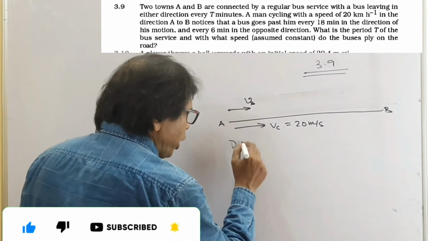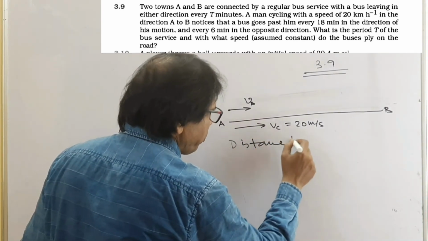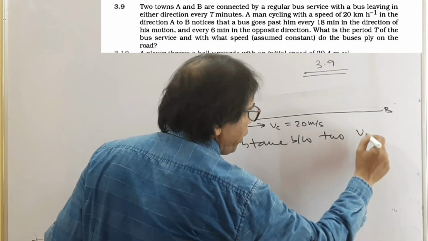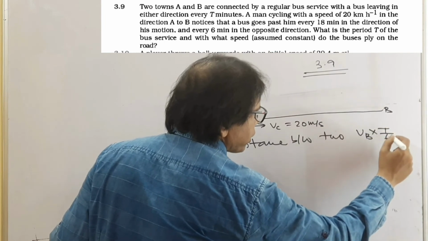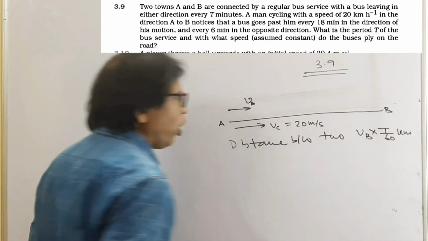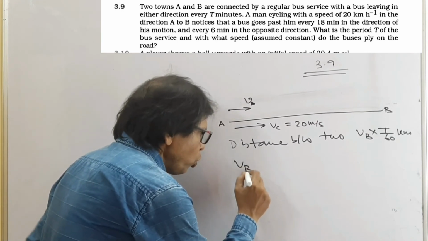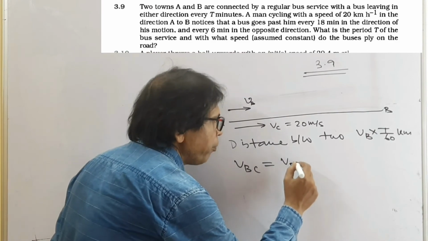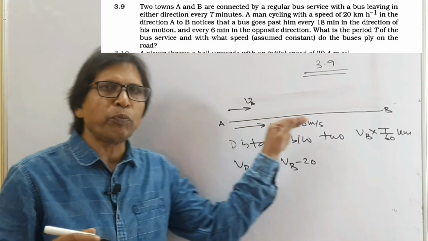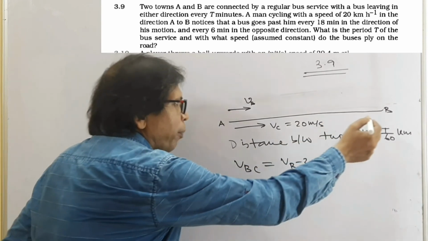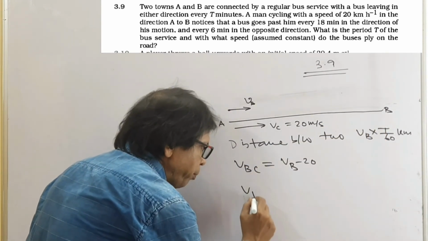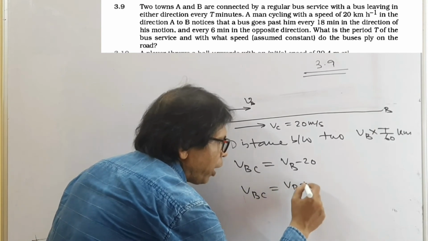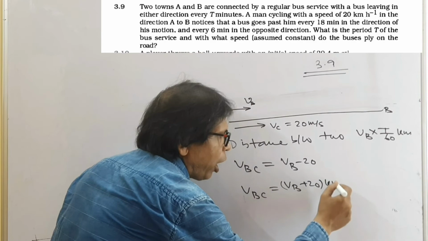The distance between the two buses is equal to VB into T by 60 kilometer. Now, the velocity of the bus with respect to the cyclist behind him is VB minus 20, and the bus in front of him has relative velocity VBC, which is VB plus 20 kilometer per hour.